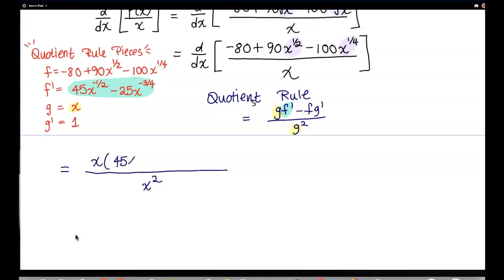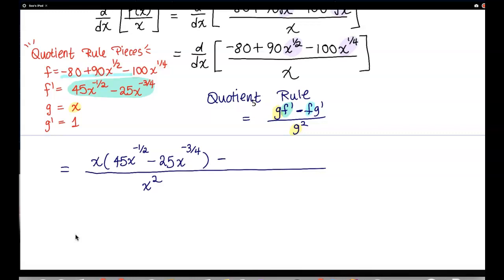45 x to the 1/2 power. Whoopsies. See, it's negative 1/2 power. Minus 25 times x to the negative 3/4 power. I will close the parenthesis, and I will have to extend my fraction bar a little bit longer. The next sign is a minus sign. Write the minus sign, and let's go ahead and grab our f.